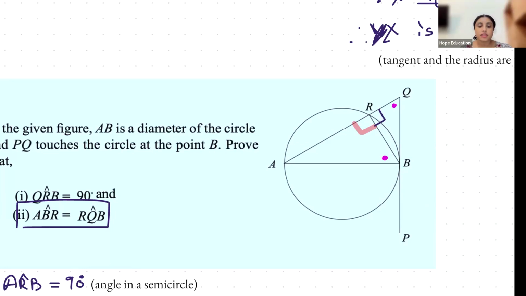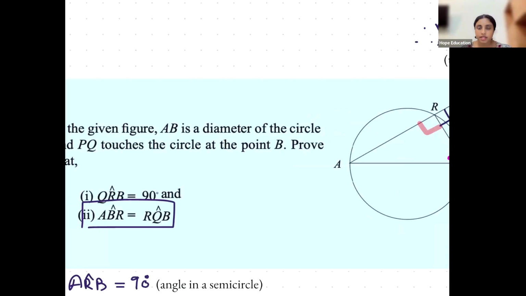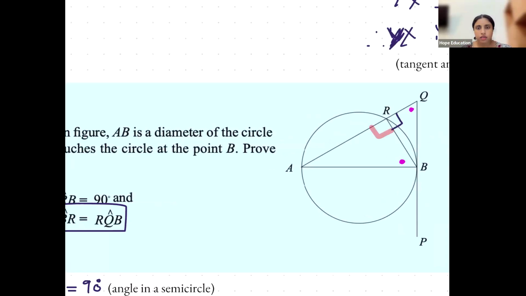A plus B is 90. What is A and what is B? A plus B is 90, yes. Second, A plus B is 90. Okay, that is true. ABQ is 90, yes. Correct. What about others?